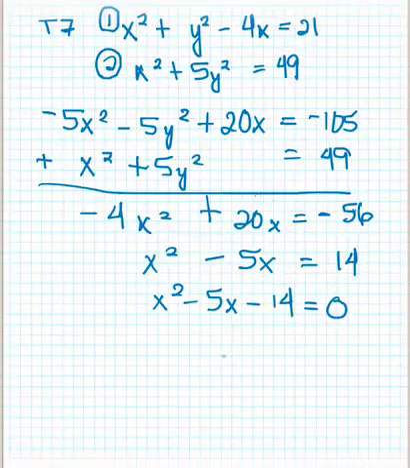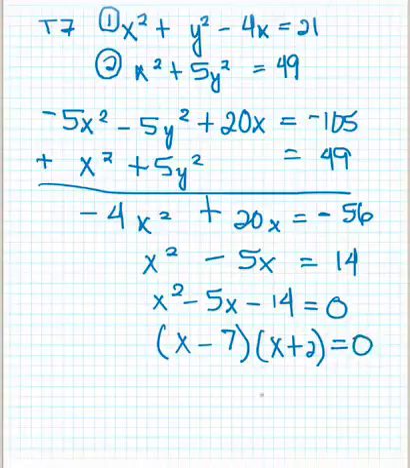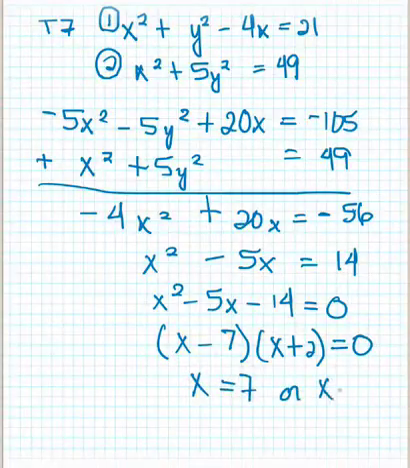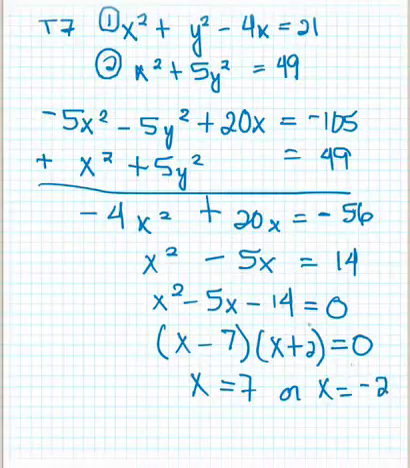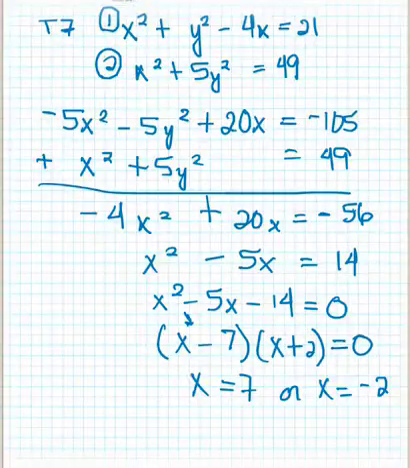And now this is going to factor into x minus 7, x plus 2 equals 0. So therefore either x has to be 7 or x has to be -2. In order to get a 0, if x is 7, this first factor will be 0, right? And if x is -2, this second factor will be 0. And either way, I'll get a 0. And so that's how I get that.